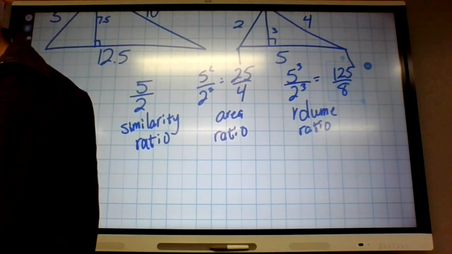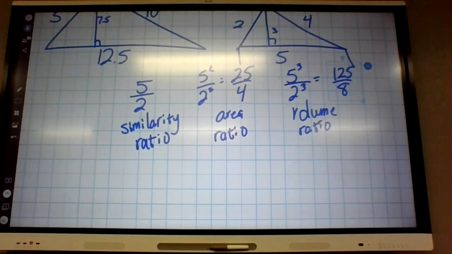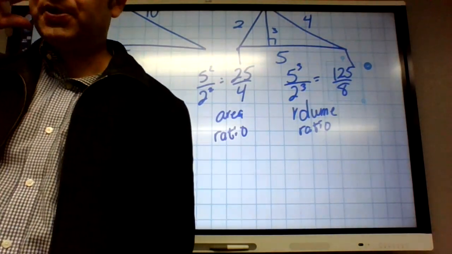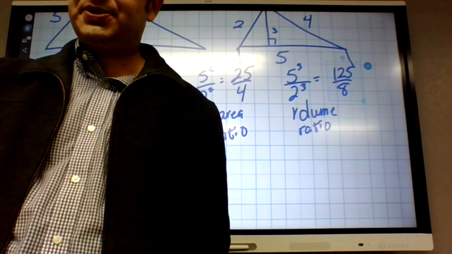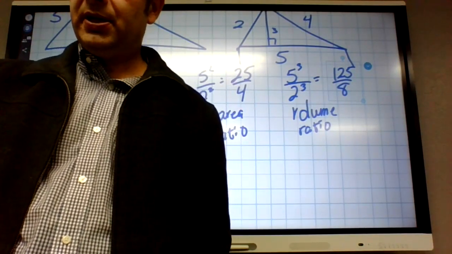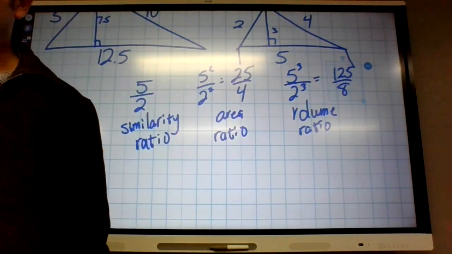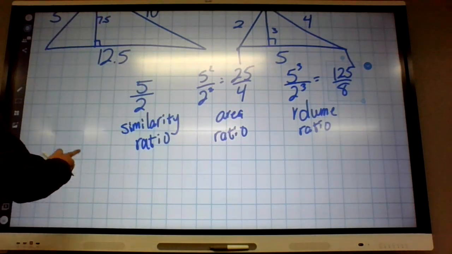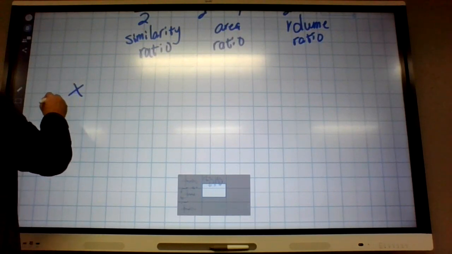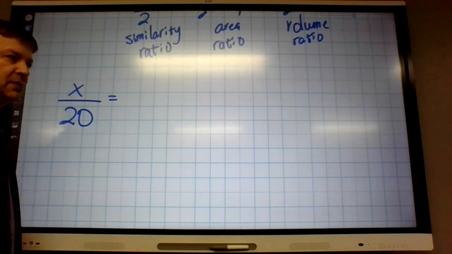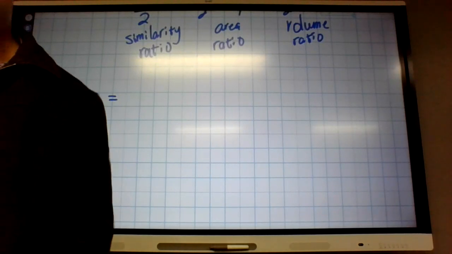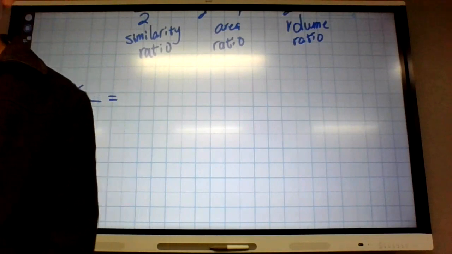Anyway, the ratio of ZS to HL should be the same ratio as any other corresponding length if these triangles are similar. So when they say find ZS, we'll call that X, and that should go with HL, which they said is 20. So little triangle X, big triangle 20. That should equal, and then the other thing they told us is ZQ and HJ.